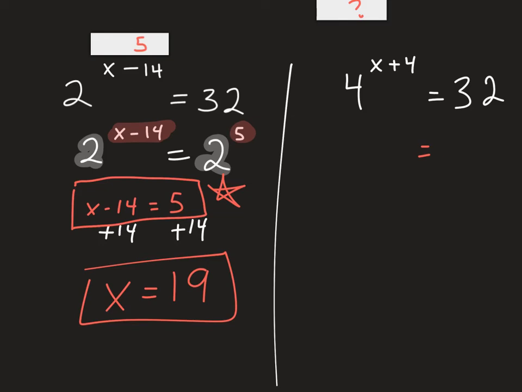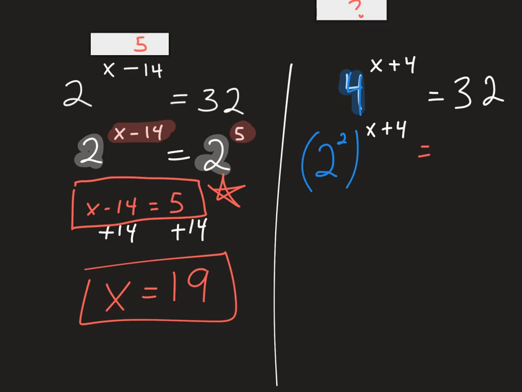But what about thinking of this left side here and seeing if I could do something with that? Well, what about 4? Can I rewrite 4 as maybe 2 raised to the second power? So 2 raised to the second power is 4. So I'd just replace that 4 with 2 to the second. Well, what else is on the left side? Well, an exponent of x plus 4.